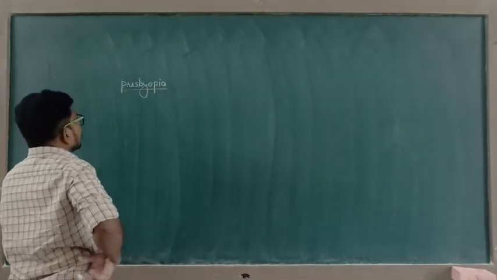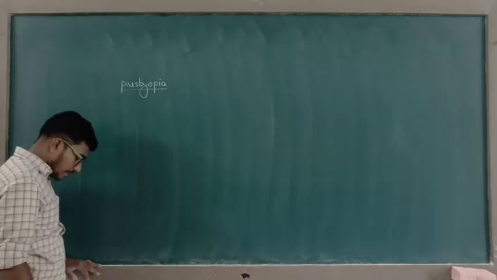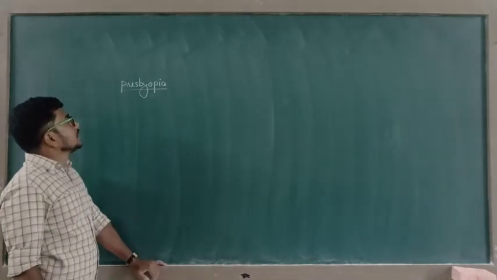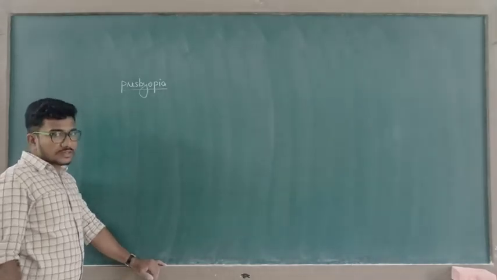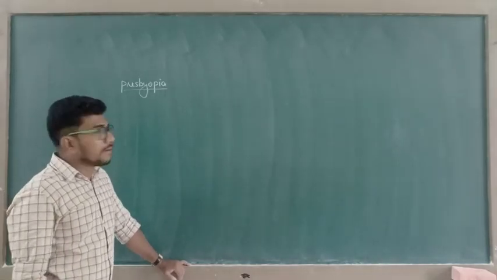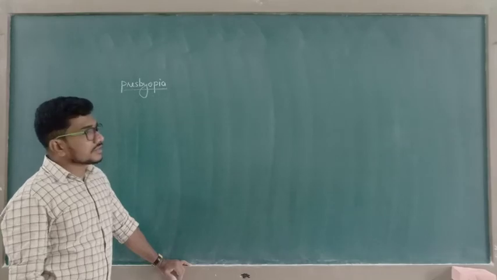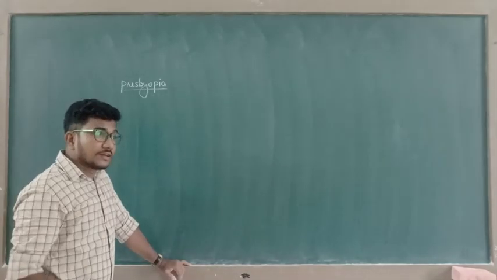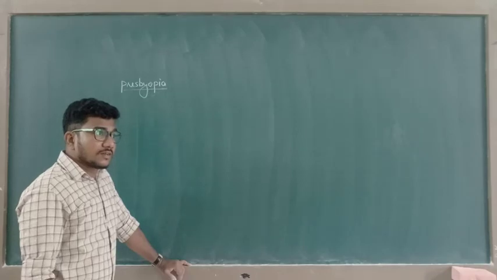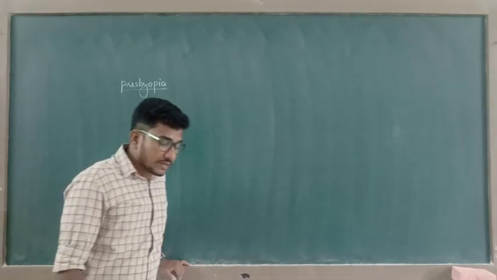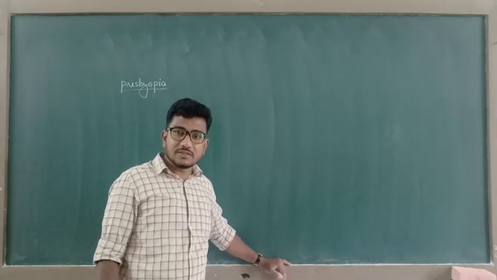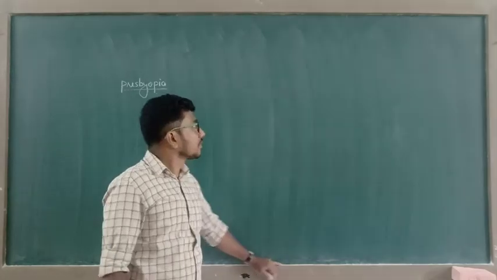So the definition for presbyopia. Usually this occurs when the ciliary muscles are weakened, and hence the person with this eye defect finds it quite difficult to get a clear image of an object that lies at the least distance of distinct vision.